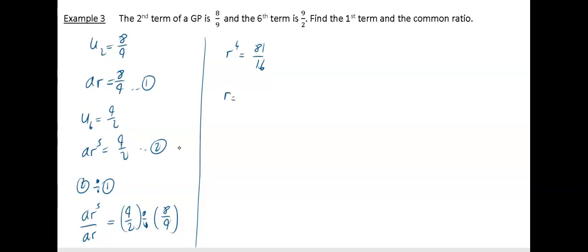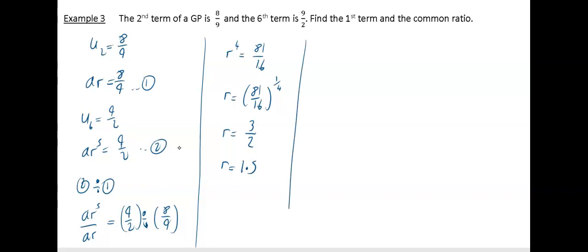That means r will be equal to the fourth root of 81/16. Now, hopefully you can spot what these would be. The fourth root of the numerator, the fourth root of 81: 3 multiplies by itself 4 times to give you 81, so the fourth root of 81 is 3. Likewise, 2 times 2 times 2 times 2 gives you 16, so the fourth root of 16 is 2. So your r is equal to 3/2, or 1.5.